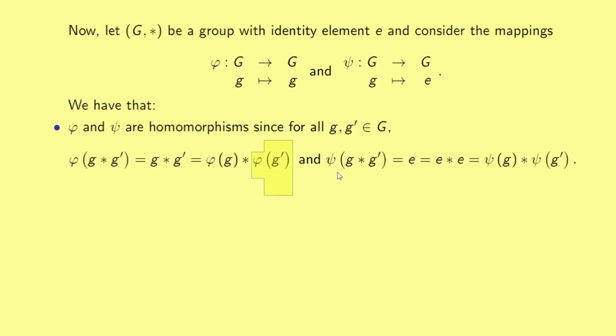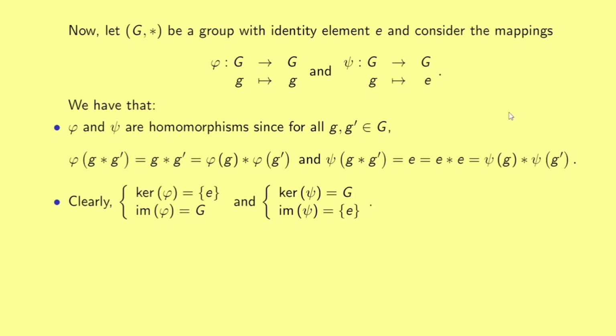And now for psi, if we apply psi to g times g prime, we get the identity element, but the identity element is the same as the identity times the identity. And this is the same as psi of g times psi of g prime. Okay, so psi and phi are homomorphisms.